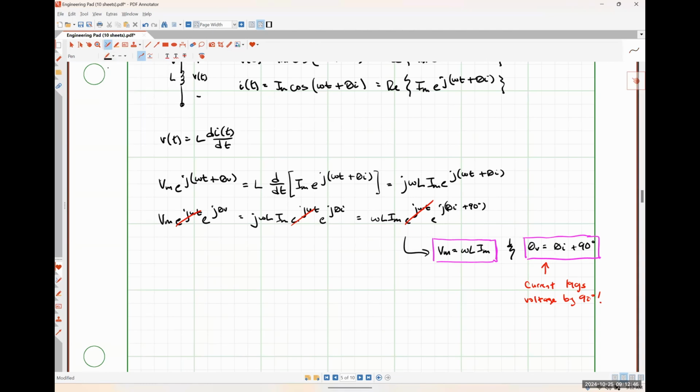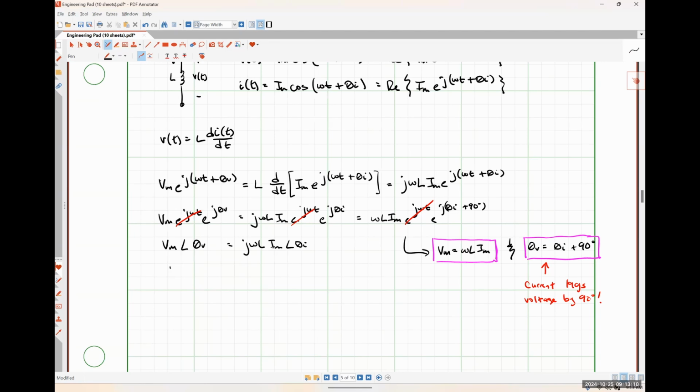All right. So let's go back to more of the left-hand side of things. So Vm e to the j theta V could be expressed in polar form as Vm angle theta V. And we would have j omega L times Im angle theta I over here.